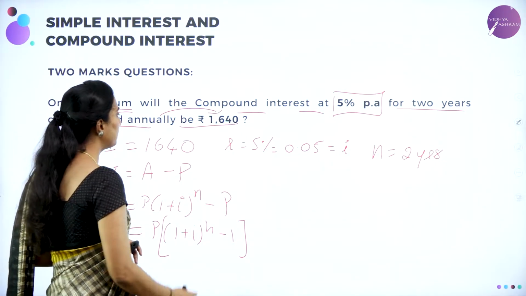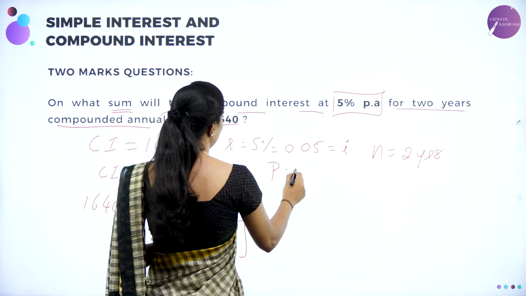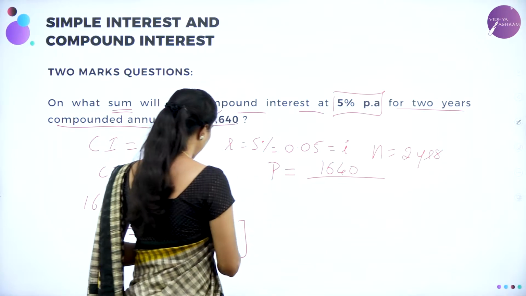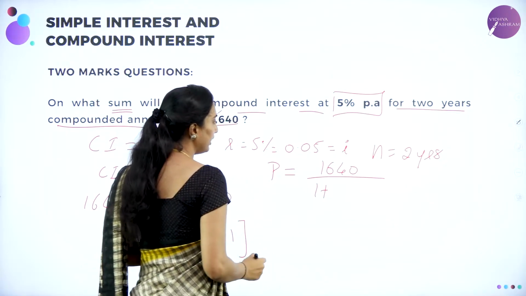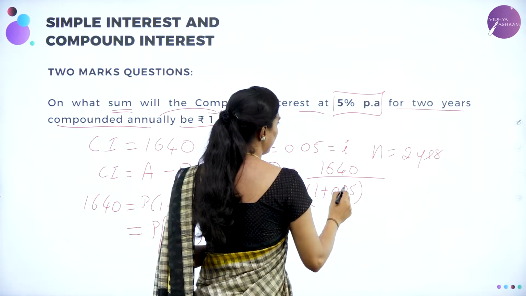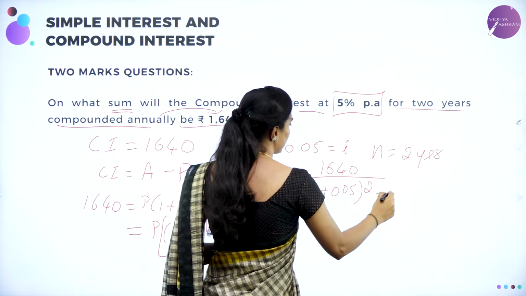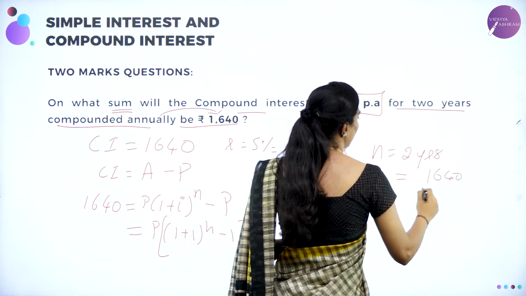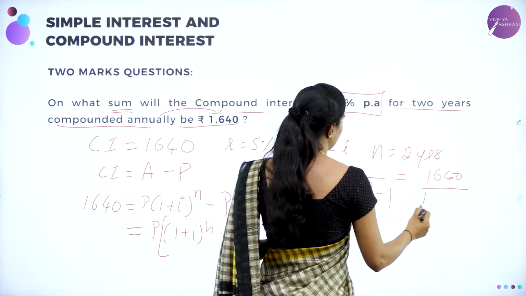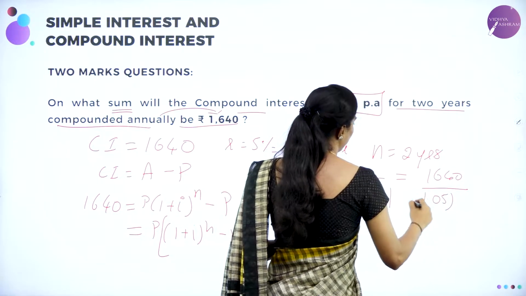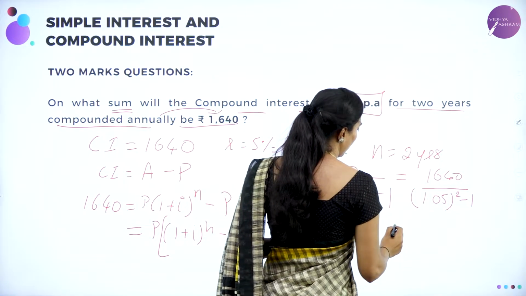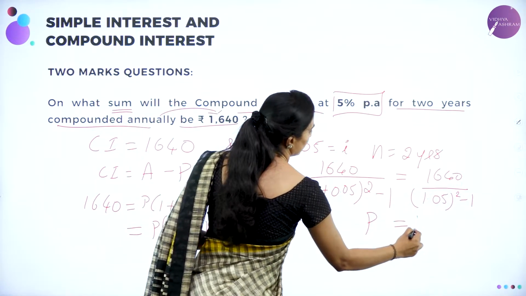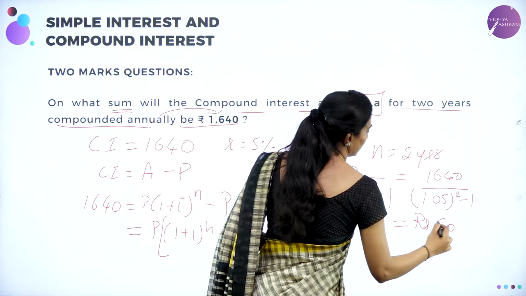P is equal to 1640 divided by ((1 plus i), what is i? 0.05, whole to the power of n, which is 2 years, minus 1), which is equal to 1640 divided by (1.05 whole to the power of 2 minus 1). Whole squared, P is nothing but rupees 16,000.